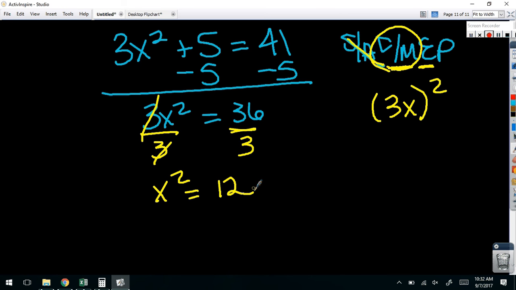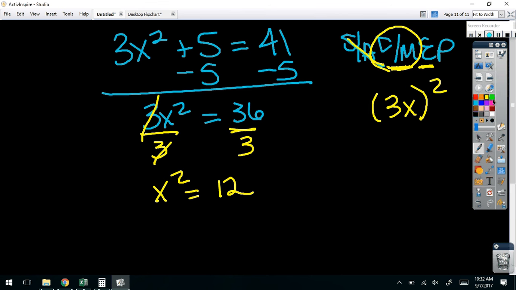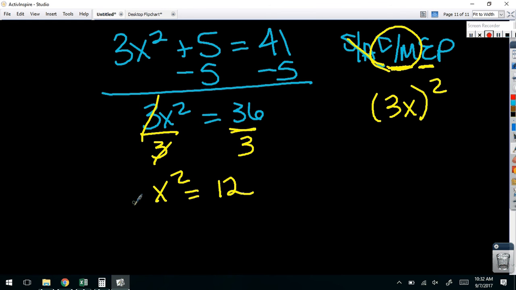Now watch, because here's where you've got to use what we learned the past couple days. There's only one thing still hooked to x, and that's the squared, that exponent, right? So what I want to do is take care of it. How do I take care of it? Square root it. 12 is not a perfect square, so you're going to use 4 times 3. I've got to break it down like I've been doing.